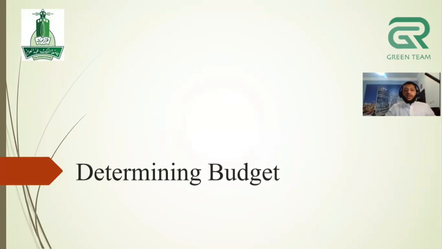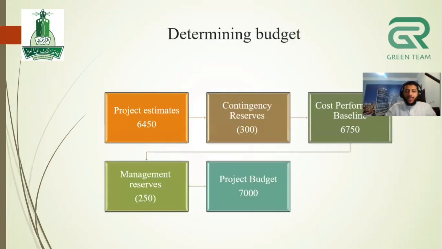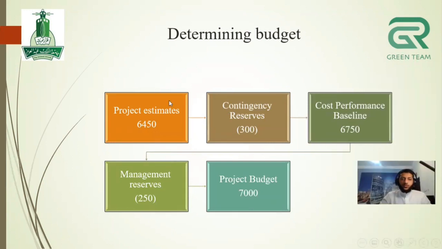Now let's go to determining the budget. First, the estimated cost for our project is 6,450 riyals, and then there will be contingency reserves, which is 300 riyals. This is for if you have any issues or problems during the project, you have this emergency cost.